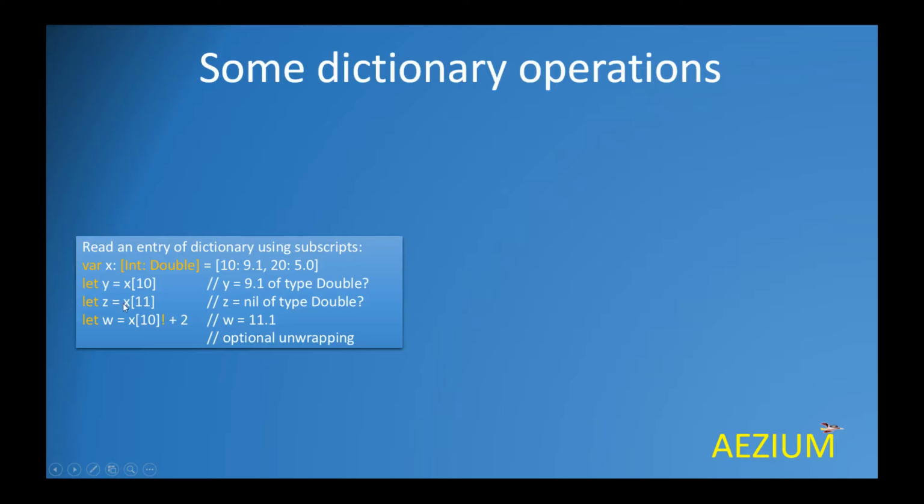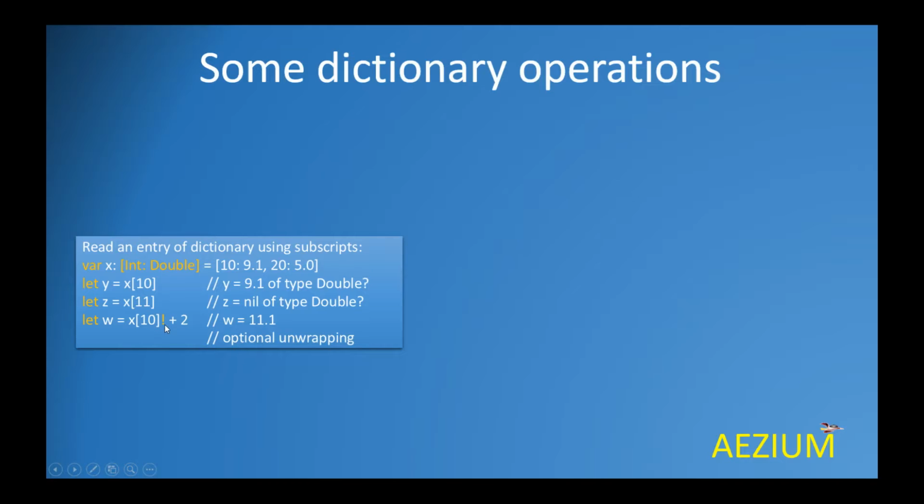Again, because the return value is of an optional type, when we wish to access it, similar to any optional, we have to unwrap it. So if you're sure that key 10 refers to a valid entry in our dictionary, we can unwrap it using the exclamation point, as we did with all the optionals that we saw in earlier tutorials.